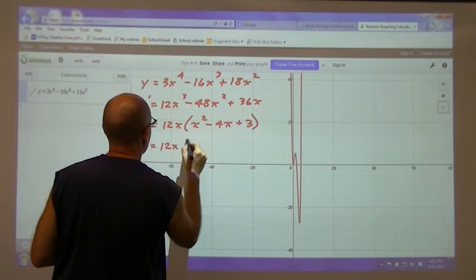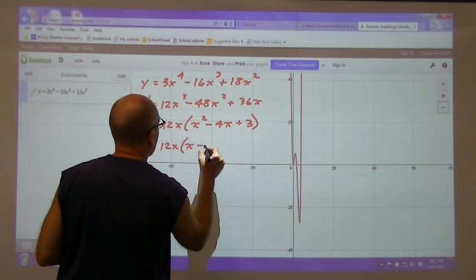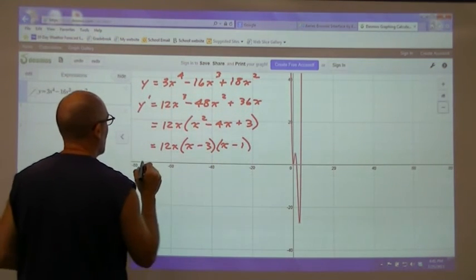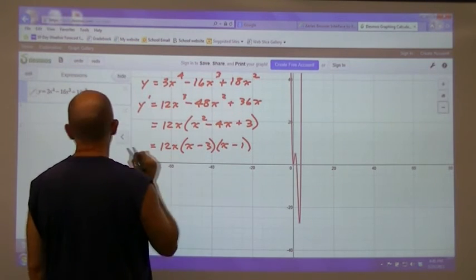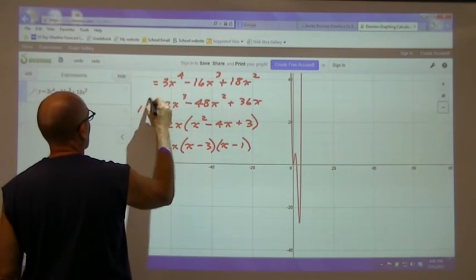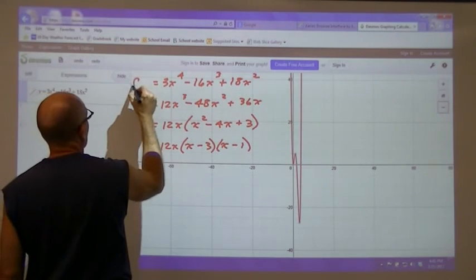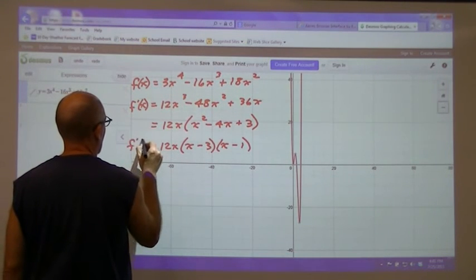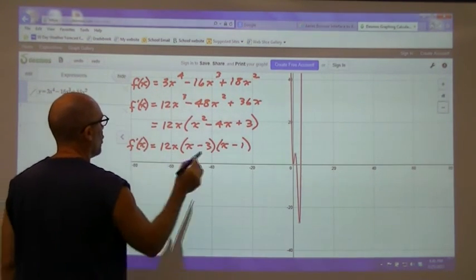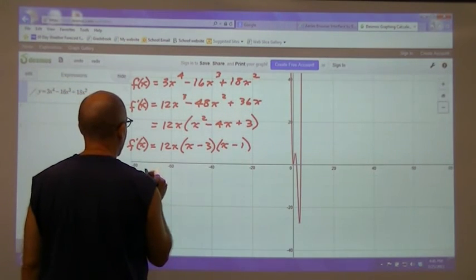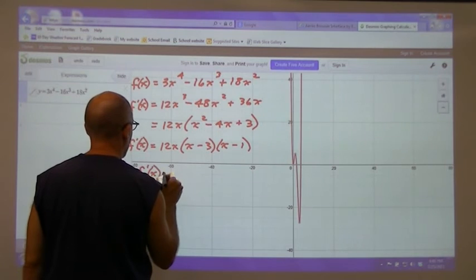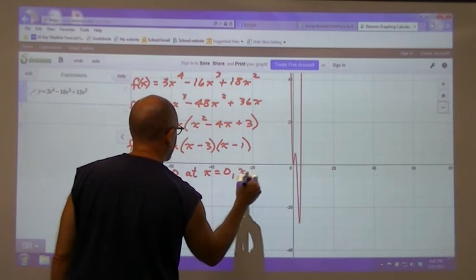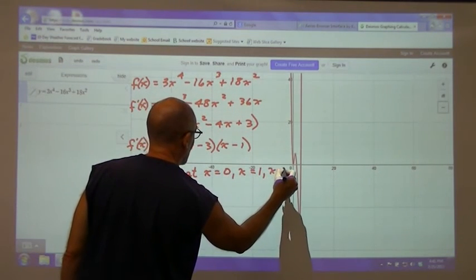So this is 12x times x minus 3 times x minus 1. Okay, so where does f prime of x equal 0? f prime of x equals 0 at x equals 0, x equals 1, x equals 3.